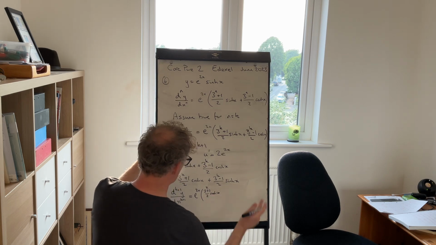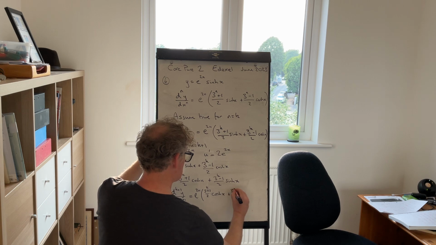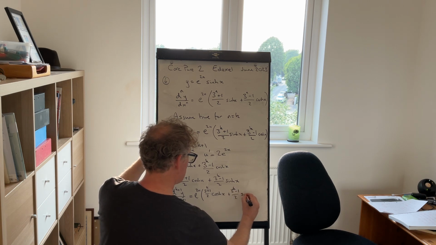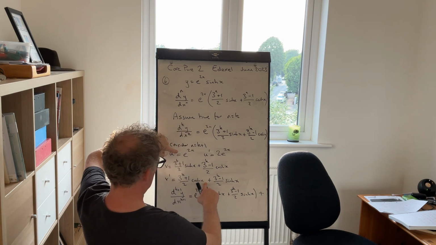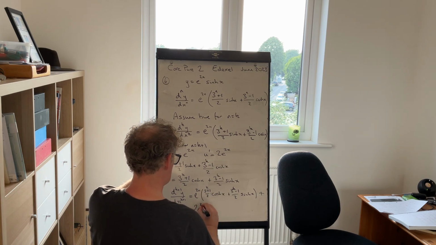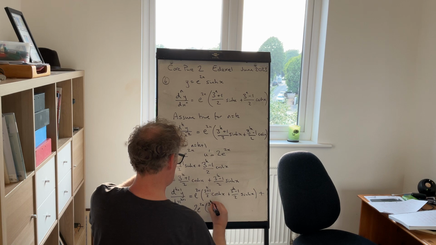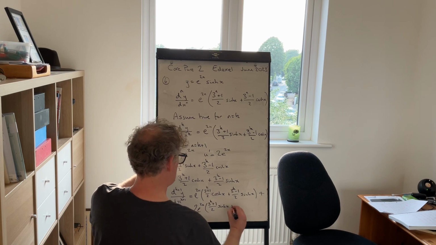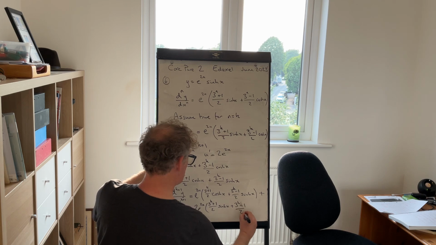I'm going to do this in 2 lines, I'm afraid. So here, let me write it a bit better. 3 to the k plus 1 over 2 cos x plus 3 to the k minus 1 over 2 sine x, plus, so we've done u times dv by dx plus v times du by dx. So that's going to be plus 2e to the 2x times that. 3 to the k plus 1 over 2 sine x plus 3 to the k minus 1 over 2 cos x.